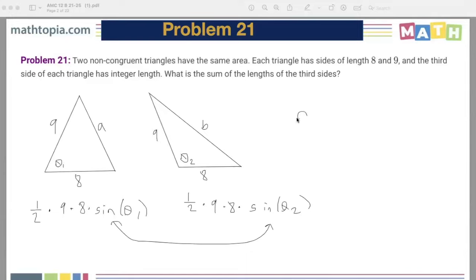And if we recall the way the sine function looks from 0 to pi, it's a curve that goes up and then back down. I'll use degrees instead of radians for simplicity. So 180 degrees, right? If we have theta 1 over here, this is sine theta 1. Then the other angle would have to be 180 minus theta 1.